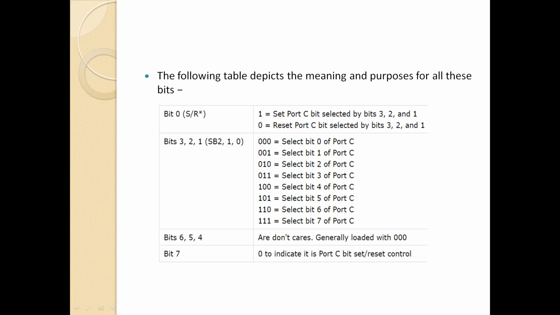Now the bits 3, 2, 1: whenever there is 0, 0, 0 on bits 3, 2, 1, then bit 0 of port C is selected. Whenever there is 0, 0, 1 on bits 3, 2, 1, then bit 1 of port C is selected, and it goes on like that.